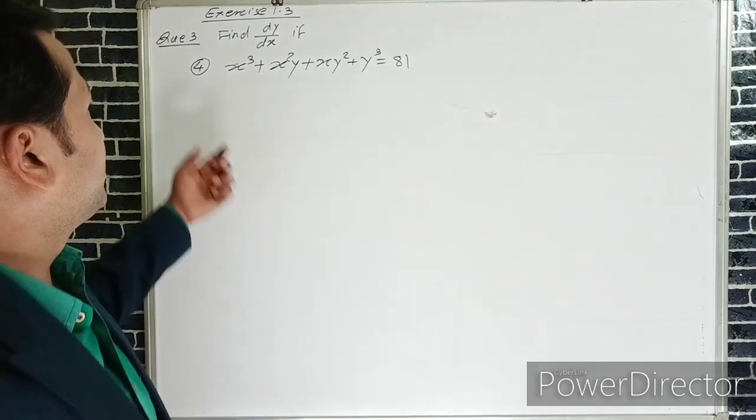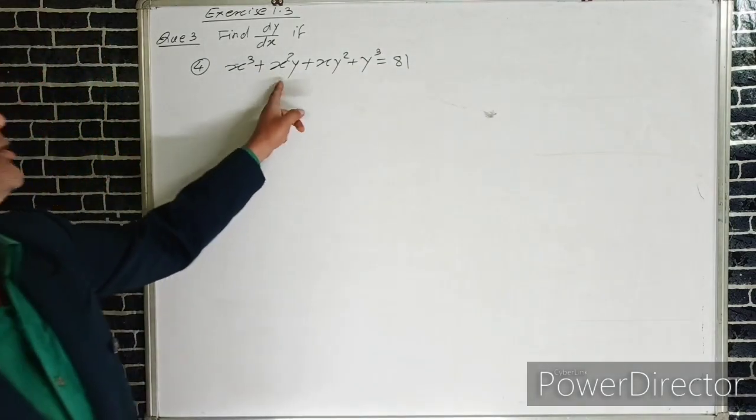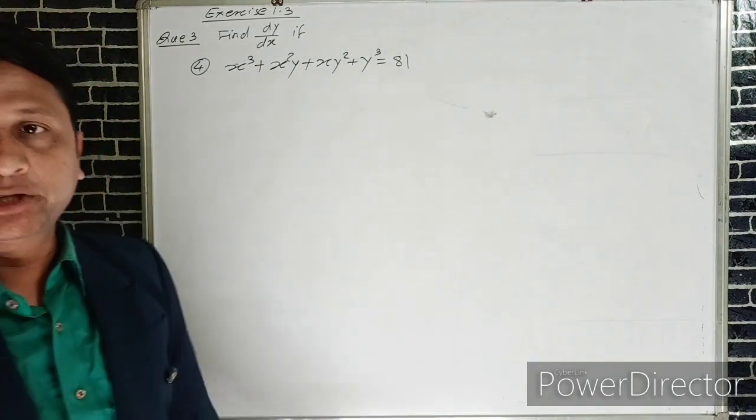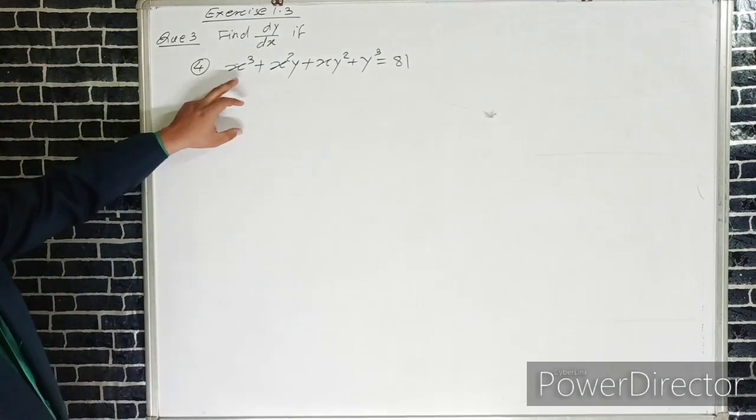Again, the next example, number 4, is x cube plus x square y plus xy square plus y cube equals 81. This is also in implicit form.